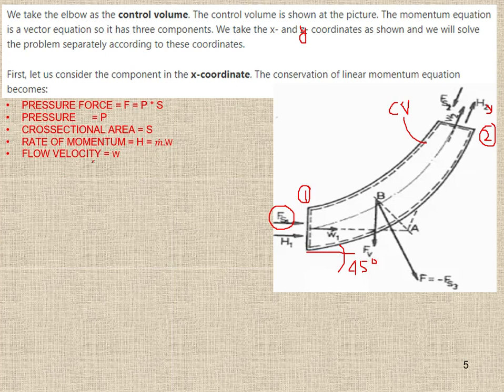The flow velocity is indicated with w, so w1 and w2 are the flow velocities. And Fv seems to be the weight of the liquid, the weight of the water. This is the net force acting on the surface of the elbow by the fluid.